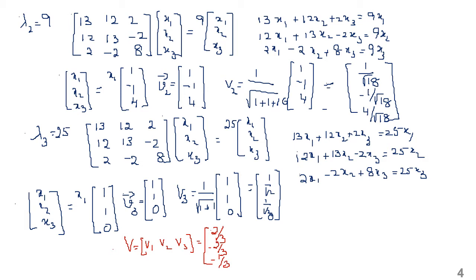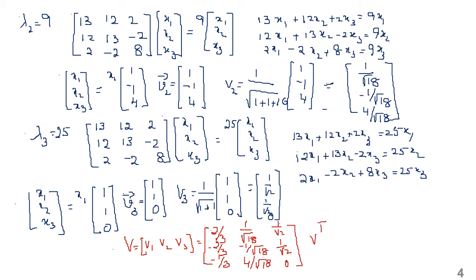V2 is given by 1 by root 18, minus 1 by root 18, 4 divided by root 18, and V3 is given by 1 by root 2, 1 by root 2, 0.